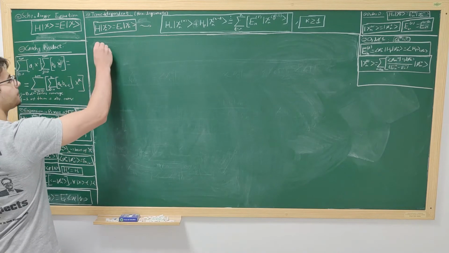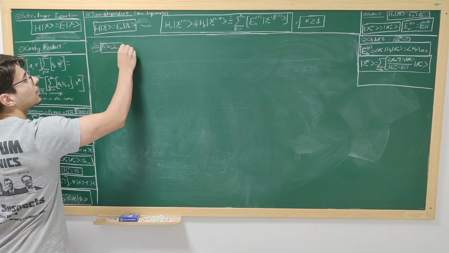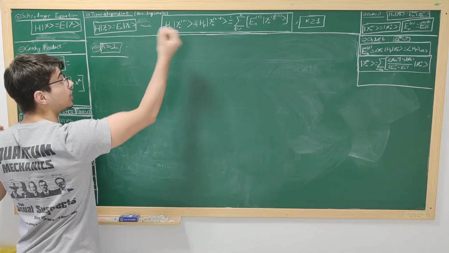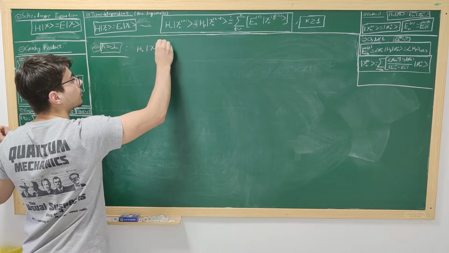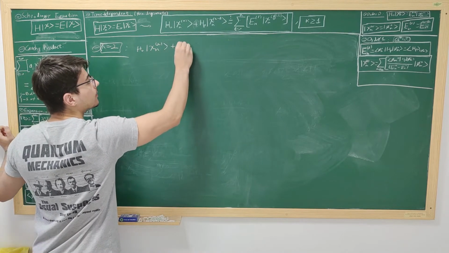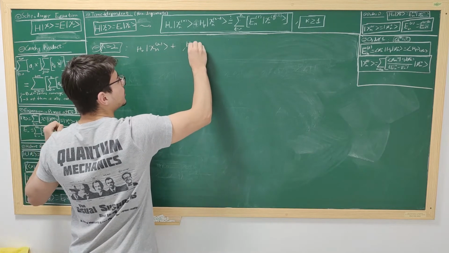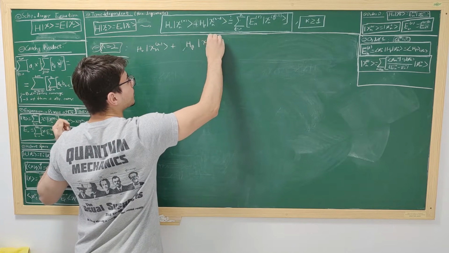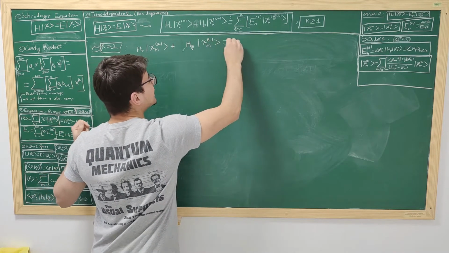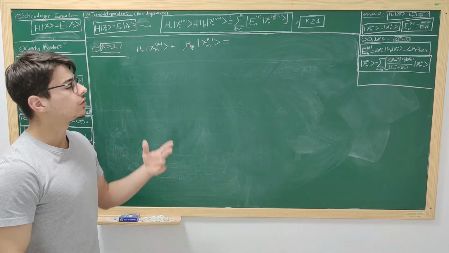So for k equals 2, our general expression is H naught second order correction plus H p times the 2 minus 1, which is the first order correction, and this is equal to the sum going from 0 to 2.